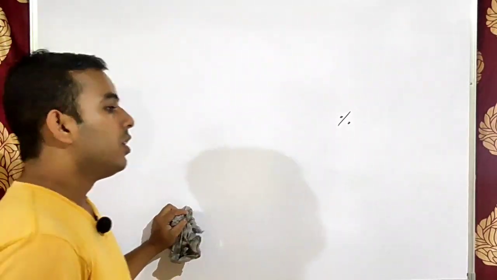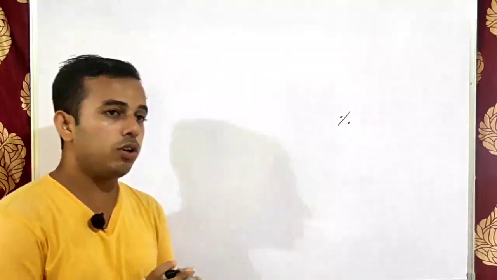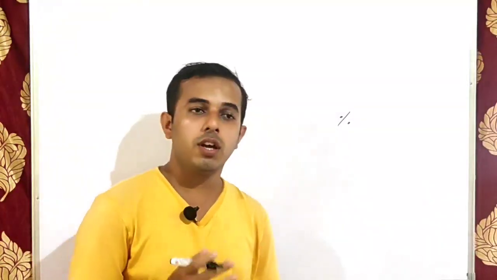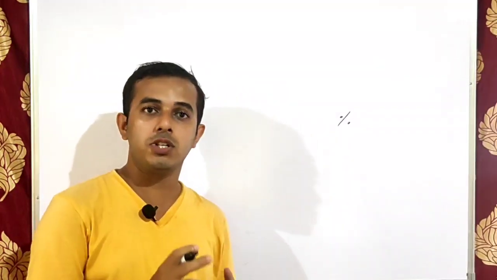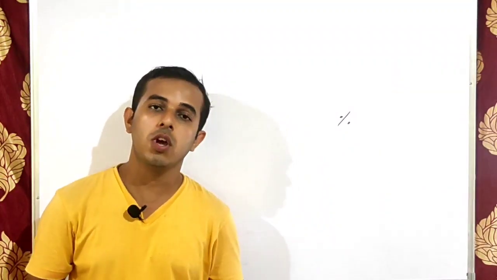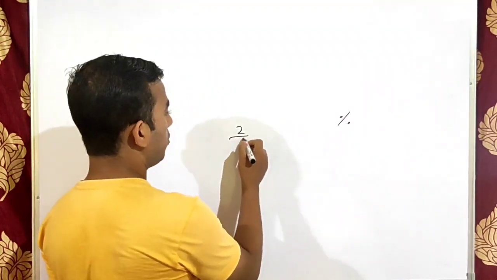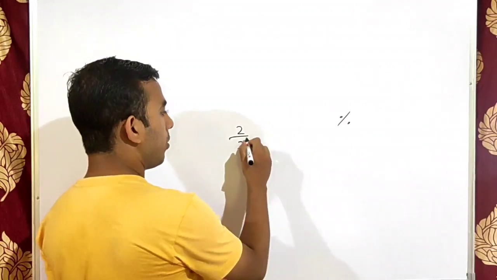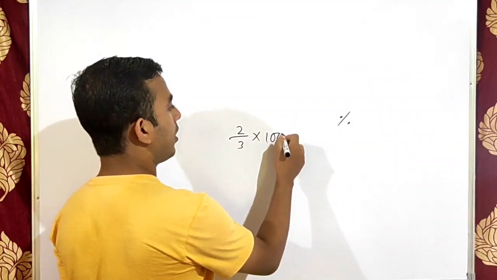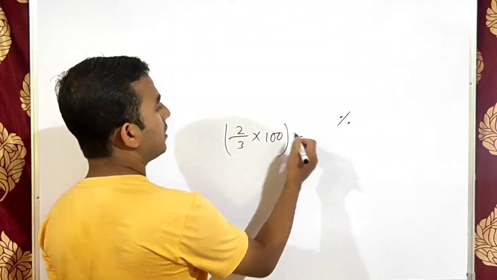Now we also came to know two rules. One was that to convert a ratio or fraction or decimal into percentage, we have to multiply it with 100 and put the percent sign. For example, 2 to the power 2 divided by 3, to convert it into percentage we multiply it with 100 and put the percent sign.